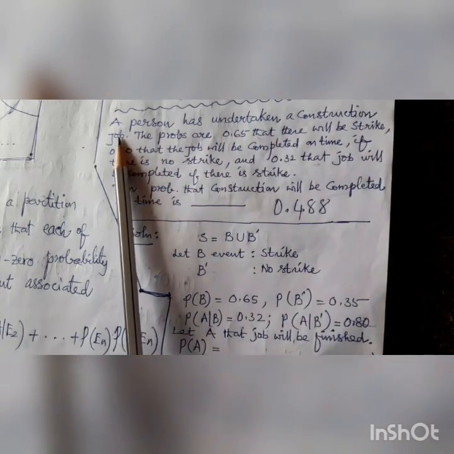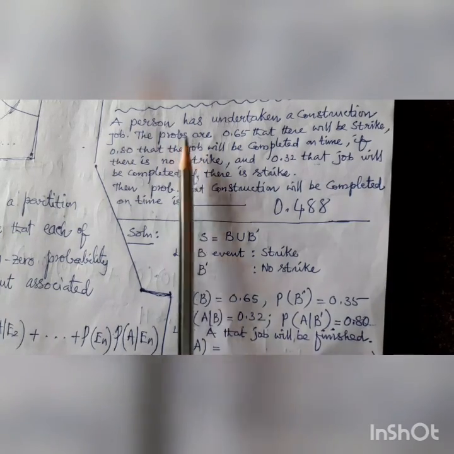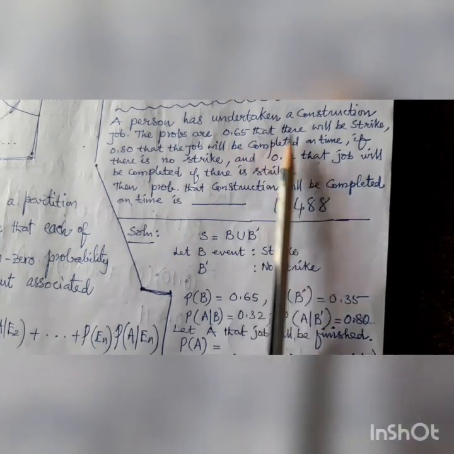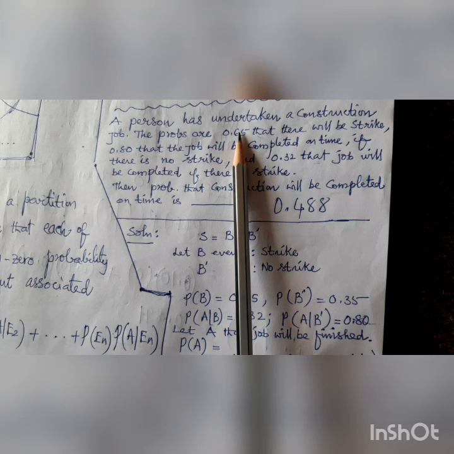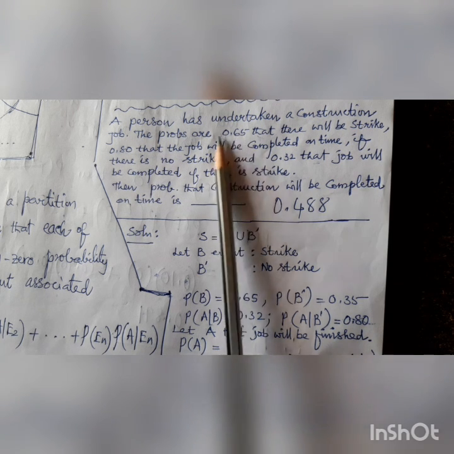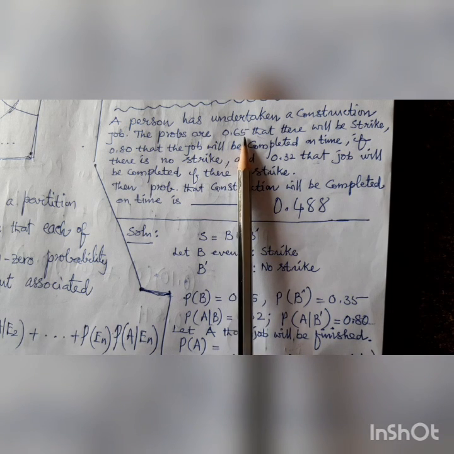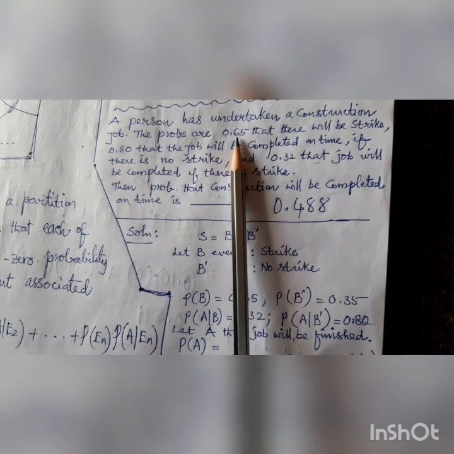A person has undertaken a construction job. The probabilities are 0.65 that there will be a strike. Strike probability 0.65, so non-strike probability 0.35. 0.65 is the strike probability, non-strike probability 0.35, because the total will be 1. 0.65 plus 0.35 equals 1.